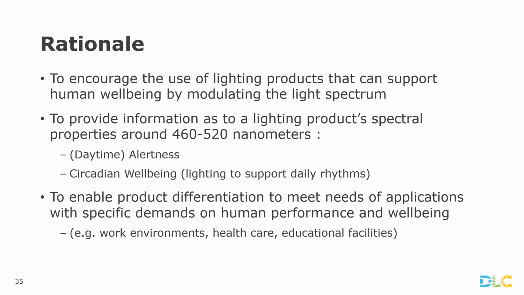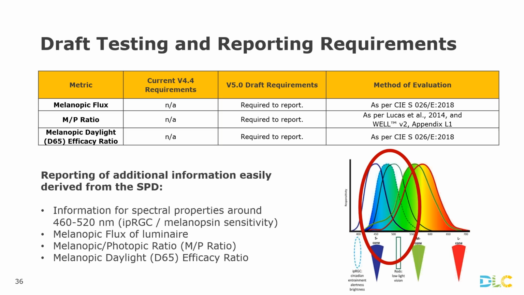The overall objective is really to enable product differentiation and to meet needs of applications that have specific demands on human performance and well-being. So the 5.0 policy draft asks to report information and metrics that have been published and provide additional information about the spectral properties of the products that are not yet commonly addressed in the metrics for visual performance.